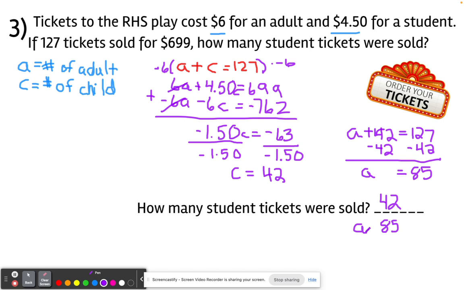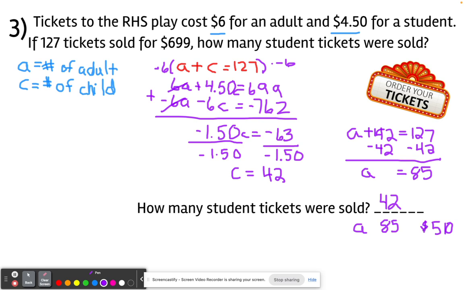Now let's think what this is worth. Each adult ticket is $6. So 85 times 6 is $510. Each student ticket is $4.50.